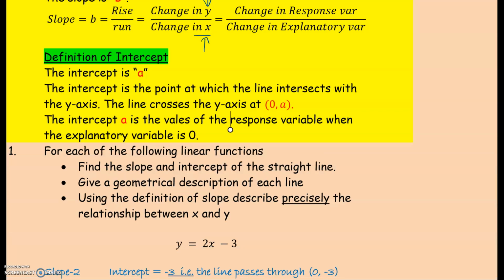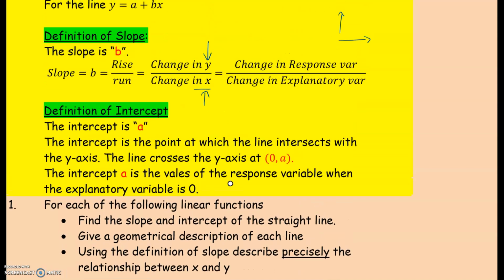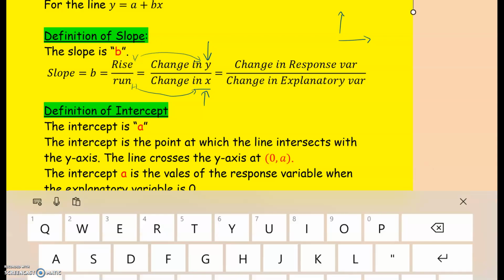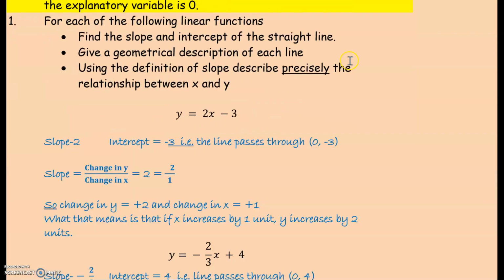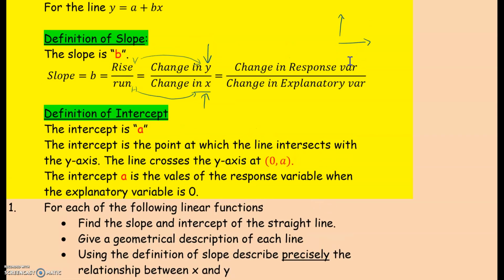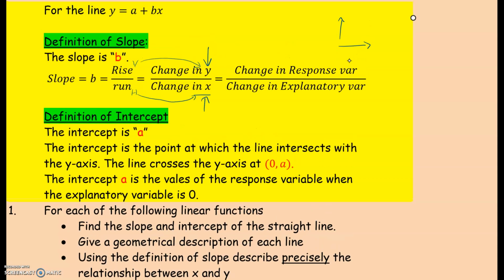So change in y over change in x is the same thing as rise over run. The vertical axis is the y-axis, and horizontal is the x. So slope is the change in the response variable over the change in the explanatory variable.